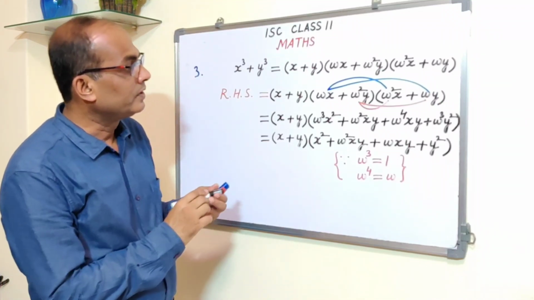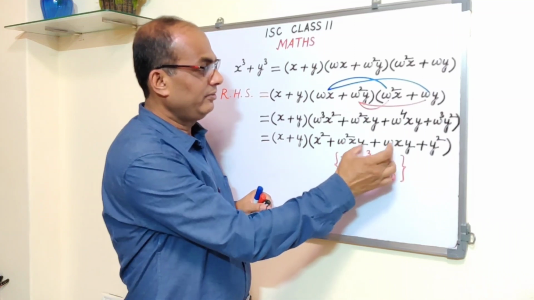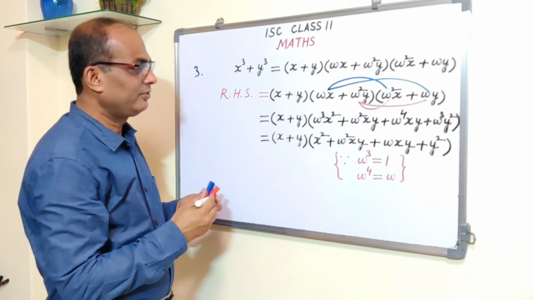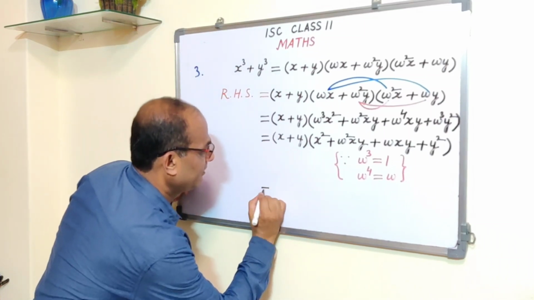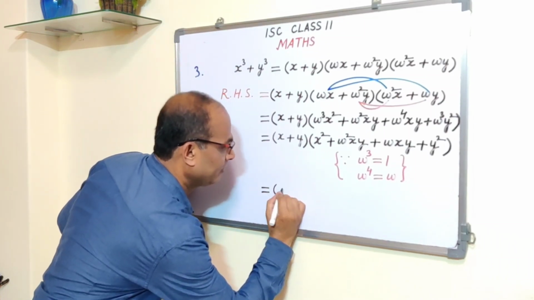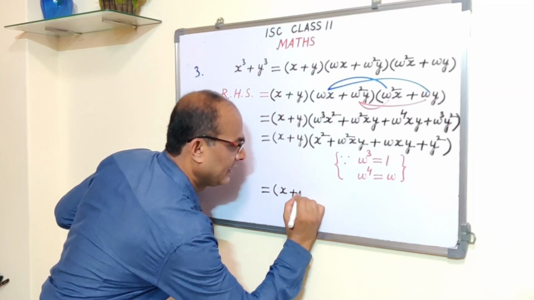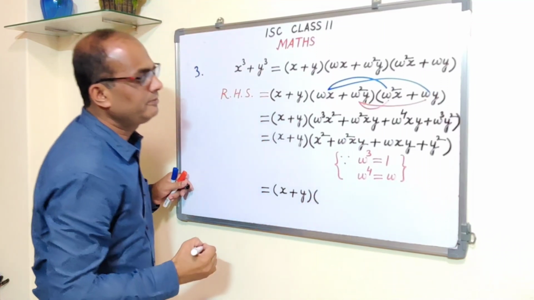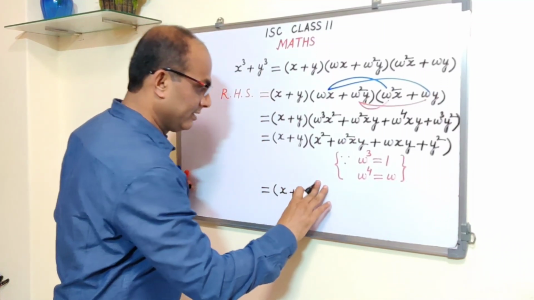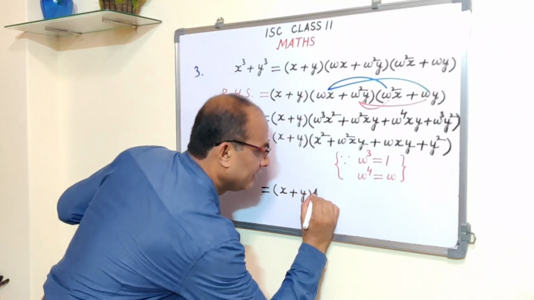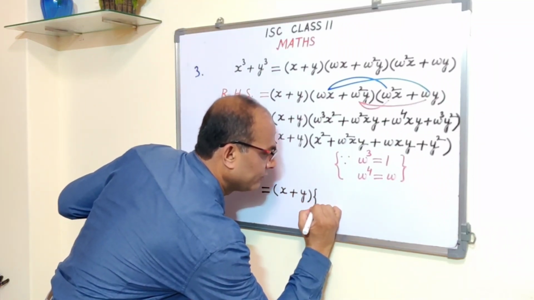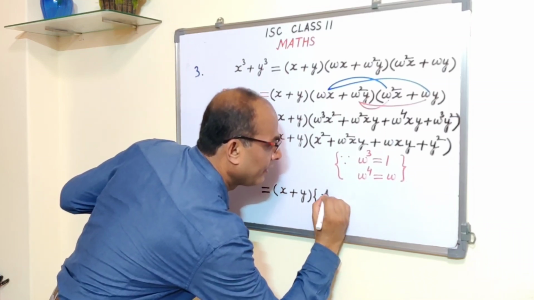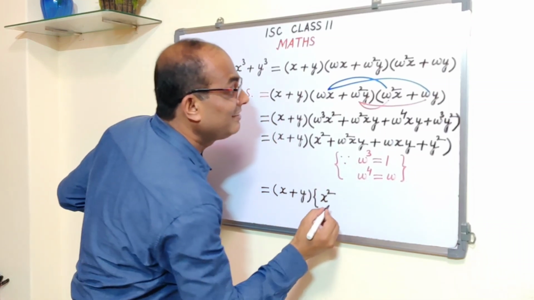Now see here, xy we will take common, and within the bracket we will get omega square plus omega. Alright, so let's do that. This is equal to, we can write down then x plus y, and here we can write down, let me use another bracket, curly bracket here, because one more bracket I am going to use. x square and plus xy common.